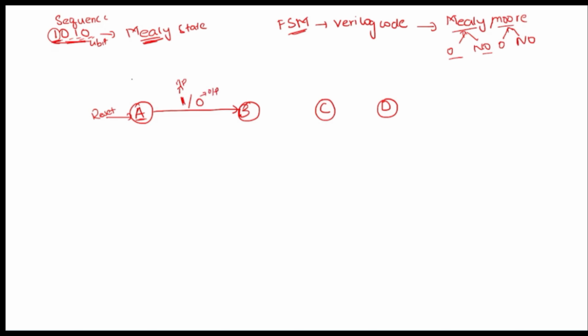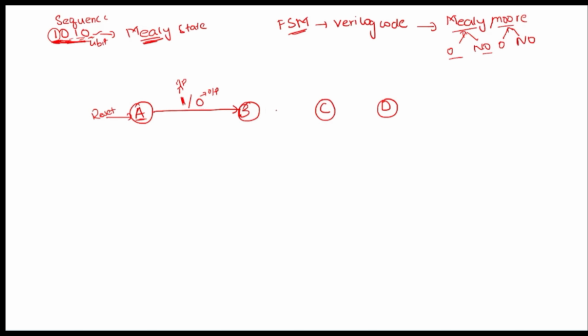Because only when the input is 1 will A move to B. If the input is not 1, A won't move to B, because 1010 is the sequence condition. So to move along the sequence, the A bit should be 1. But 1 is not the only thing needed for the output: until the 1010 sequence is detected, the output won't be activated. That is why the output is 0.